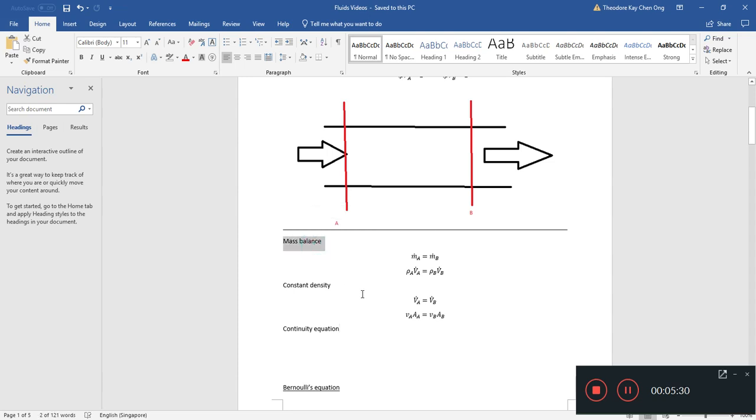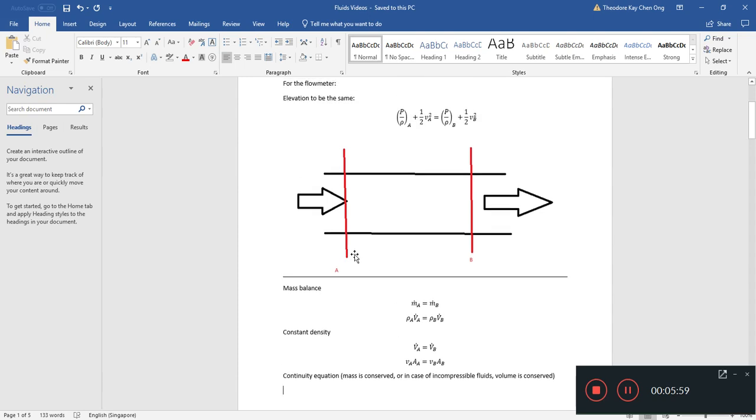That's basically what it physically means. Mass is conserved, or in the case of an incompressible fluid, volume is conserved. Volume is conserved only if it's incompressible, but mass is always conserved, in most of our engineering cases anyway.